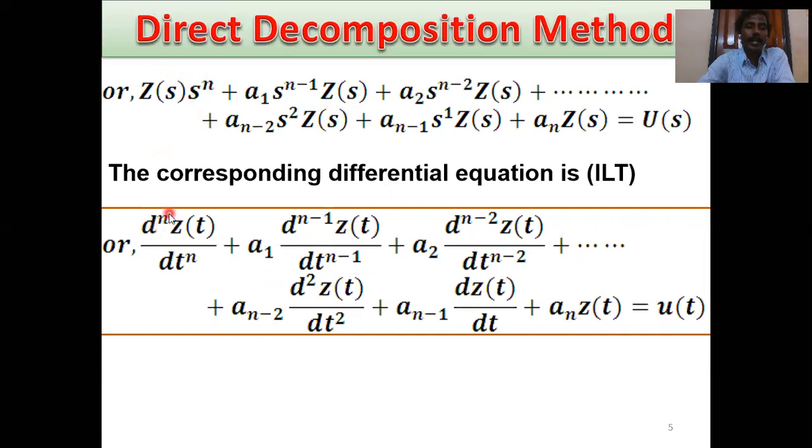That's why d^n z(t)/dt^n plus a1, this is the coefficient, d^(n-1) z(t)/dt^(n-1) plus a2 d^(n-2) z(t)/dt^(n-2) plus ... plus a(n-2) d^2 z(t)/dt^2 plus a(n-1) dz(t)/dt plus an z(t) equals u(t).